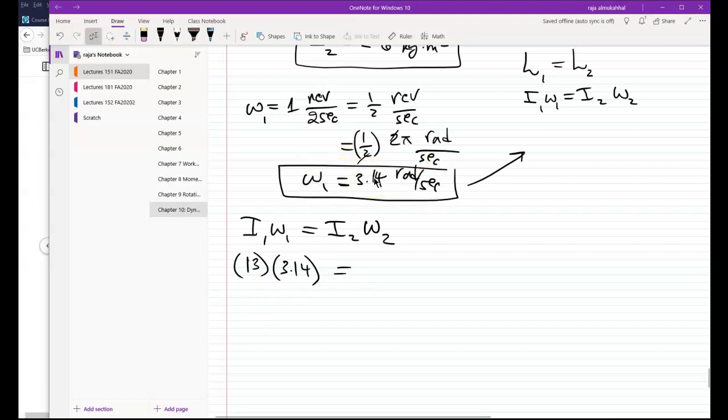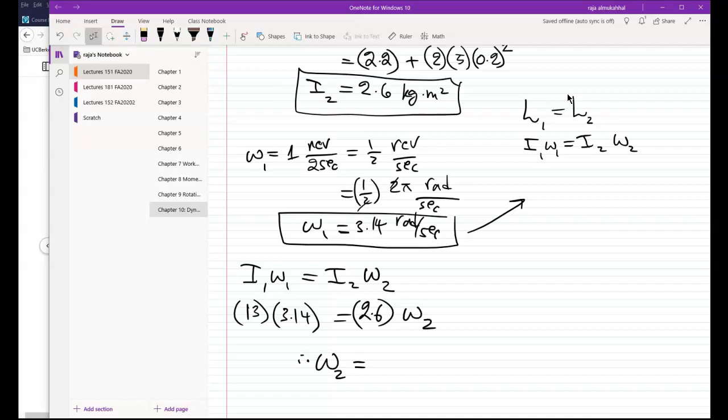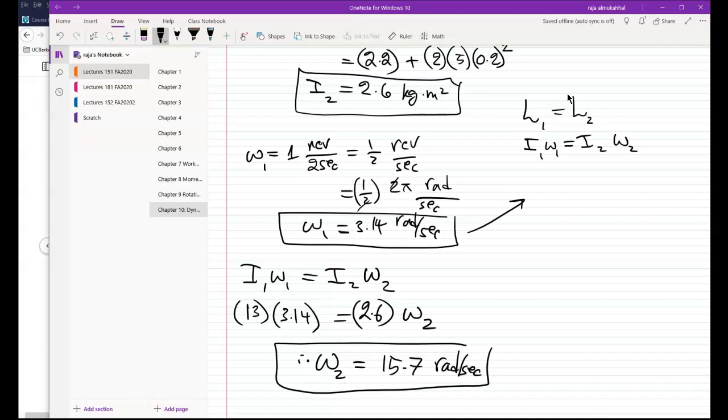Equals I2 is right here, 2.6 omega 2, and you just solve. So therefore, simple problem. I hope it is simple problem. And you just work it out, and then when you work it out, I got 15.7 radian per second. Okay?